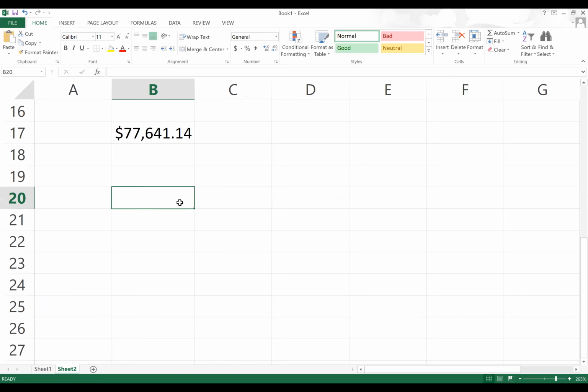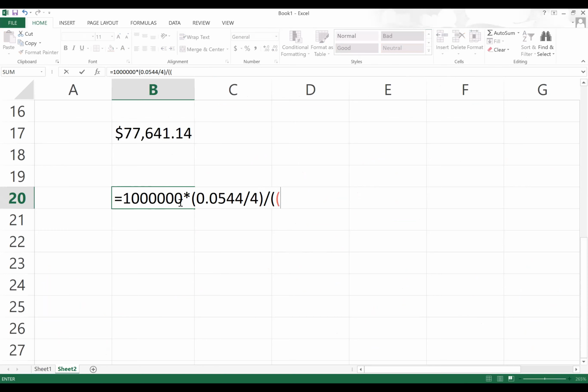So here we go. We have $1 million times 0.0544 divided by 4. That will be the numerator, and we divide by the denominator.